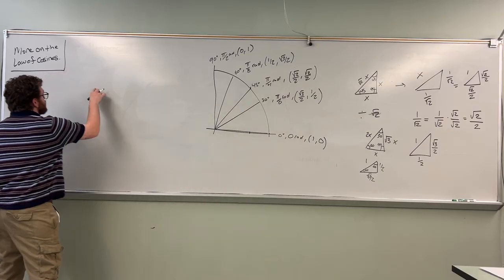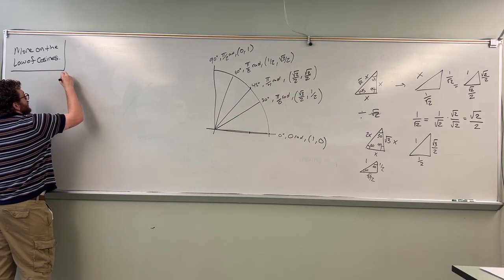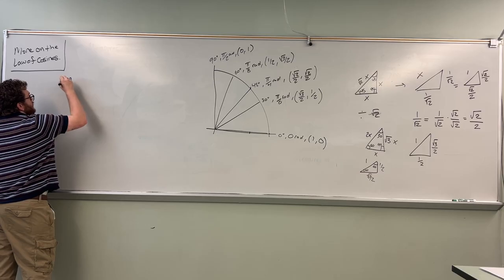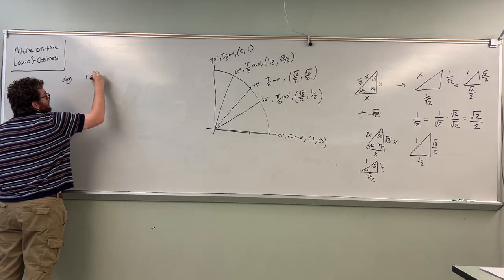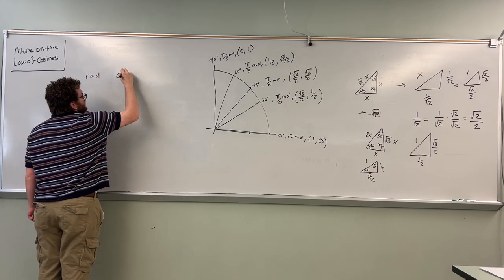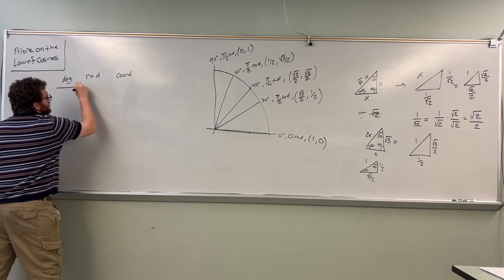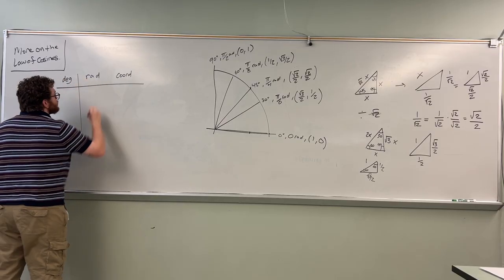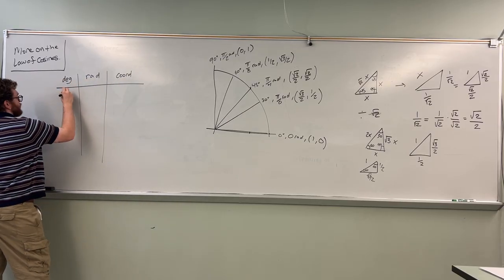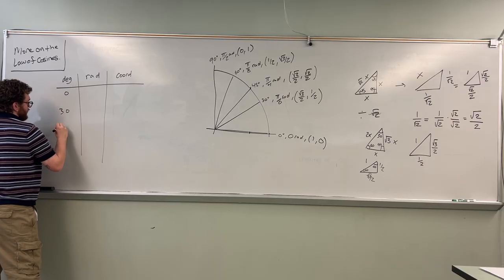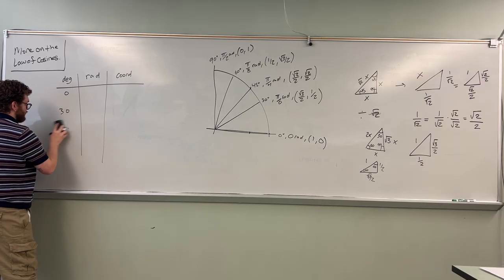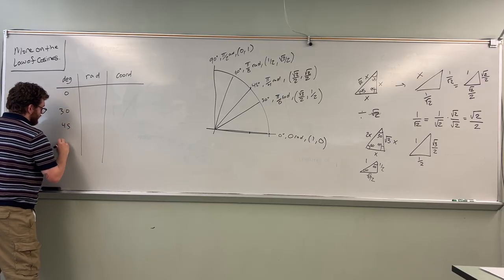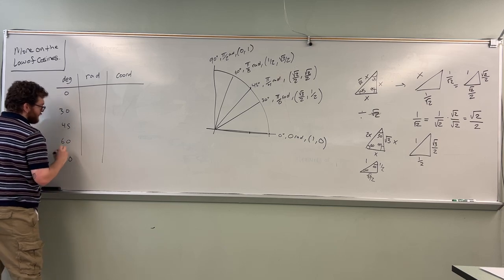But in general, I'll put my degree, then radian, then coordinate. And I'll make a little table for you. Degrees go 0, 30, 60, oh, I missed 45. 45, 60, 90.